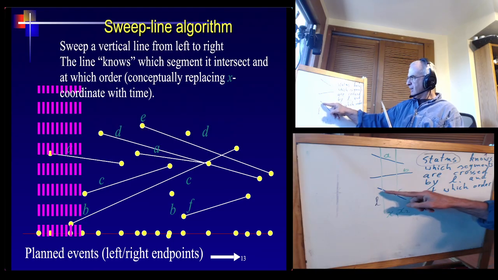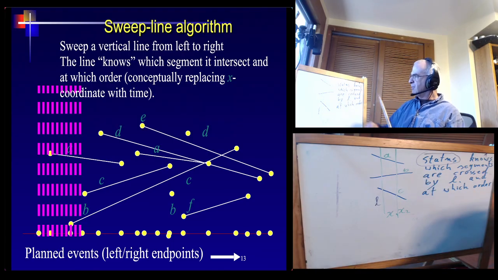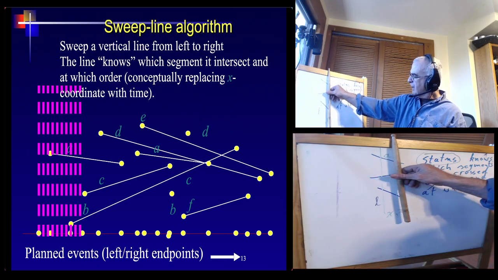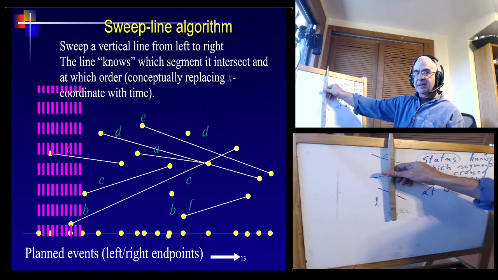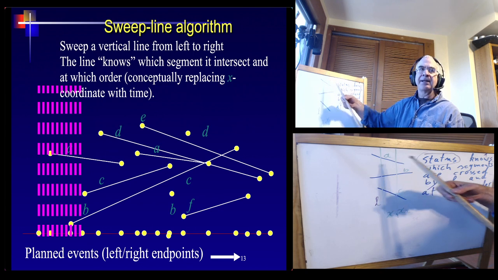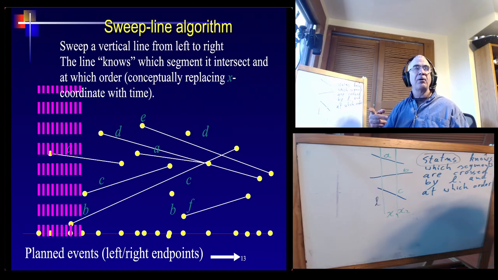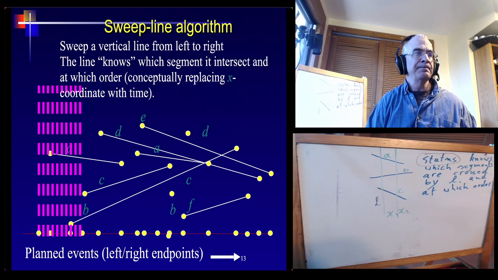Lowest one, the one above it, the one above it, and so on. So what happened between x1 and x2? The line sweep didn't start intersecting any segment. The line sweep didn't stop intersecting any segment. It crosses exactly the same segments, and the order between them did not change.